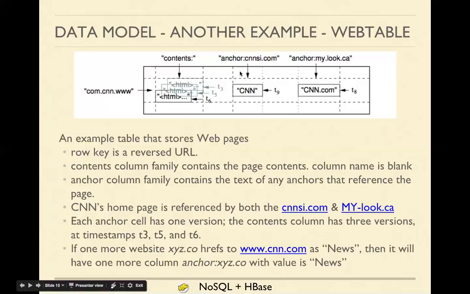So this website is pointed to by these and has content like this. Every time somebody crawled Microsoft and found that Microsoft also contains a reference to this, they updated here. So you can see clearly that if there are a billion websites in the world, there will be a billion rows in this table and a billion columns in this table. Does it make sense to you?